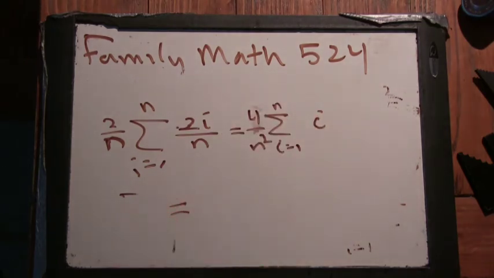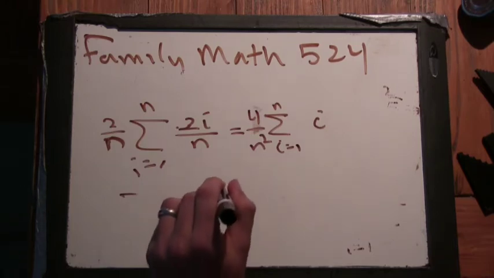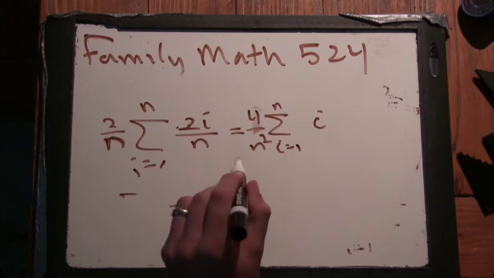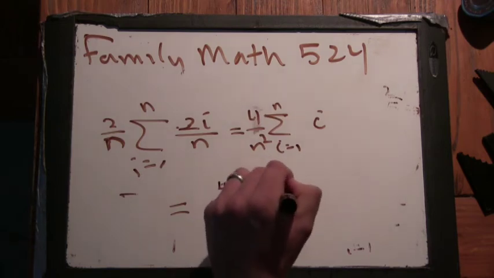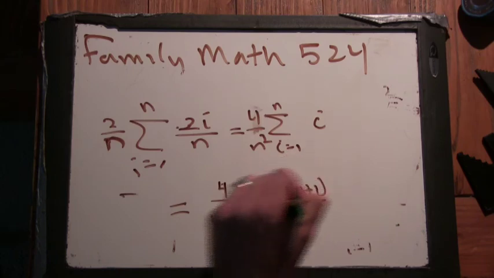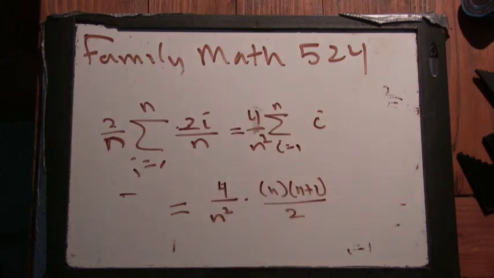It's n times n plus 1 over 2. So then I would get 4 over n squared times n times n plus 1 over 2.